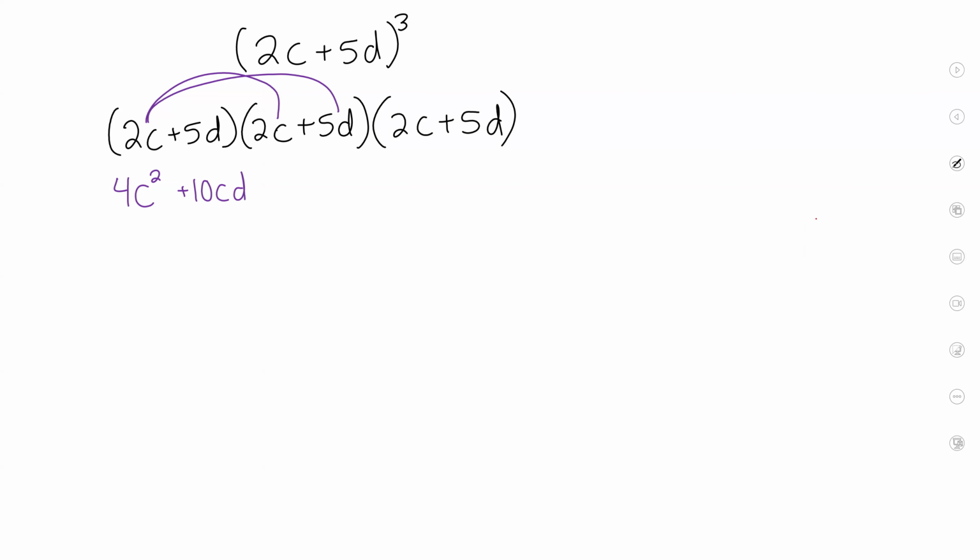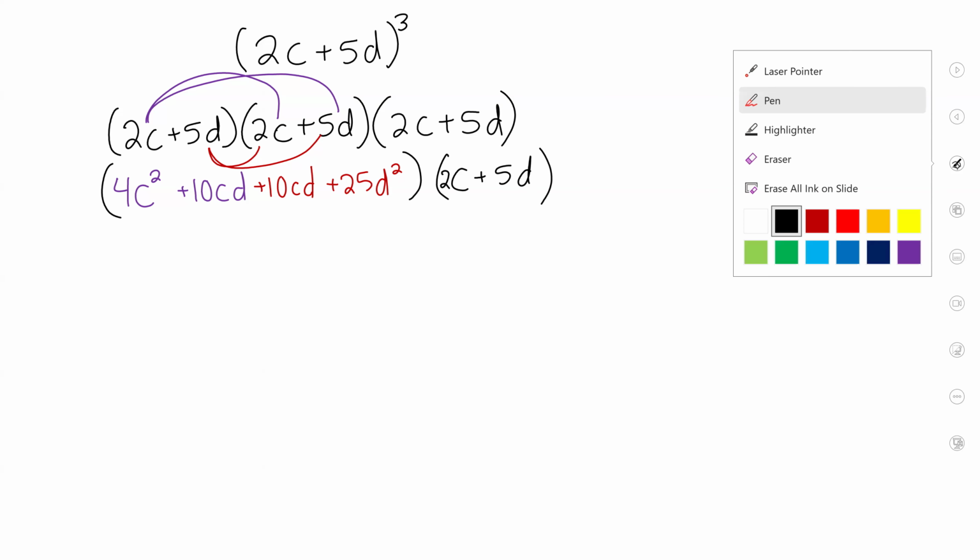Let's do the next thing. 5d times 2c is also 10cd. 5 times 5 is 25. 2 d's is d squared. So I'm going to multiply all of this by 2c plus 5d.